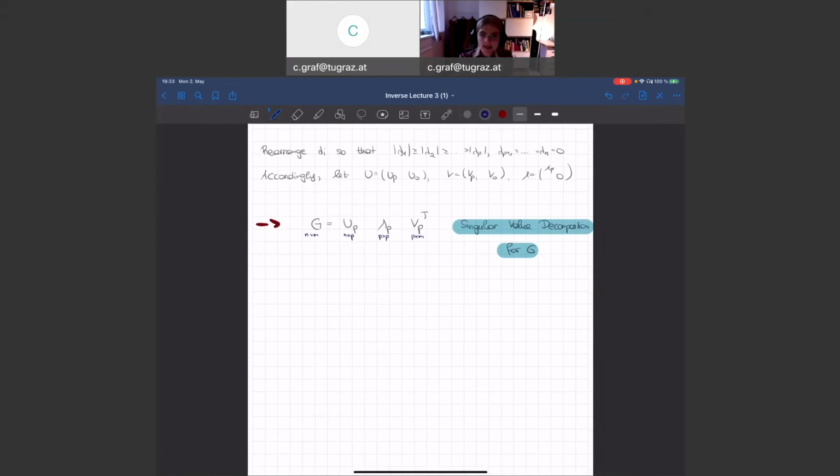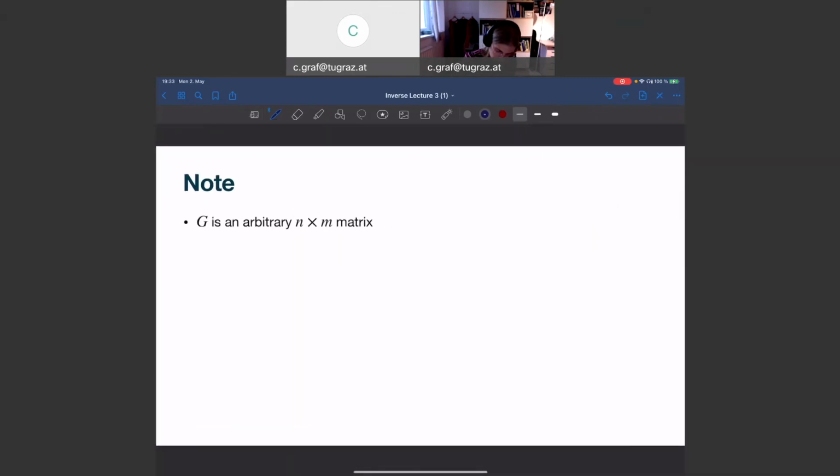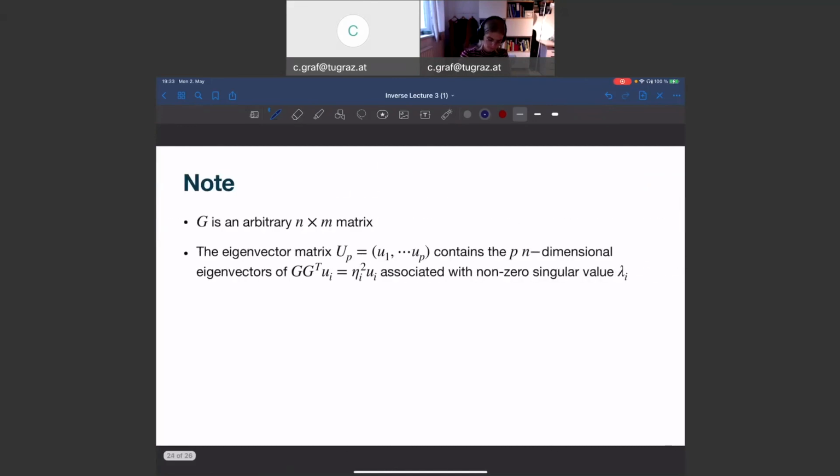This is basically it. Now we can make a few notes. Please note that we started with an arbitrary matrix n by m. It is non-square. The eigenvector matrix Up contains the p n-dimensional eigenvectors of the corresponding problem that are associated with the non-zero singular values lambda i.